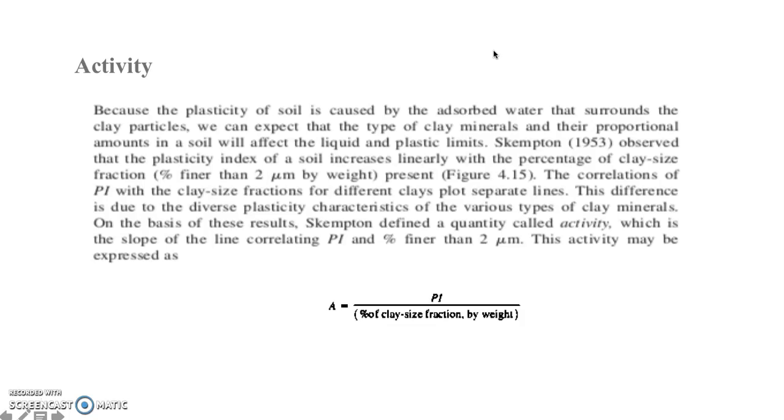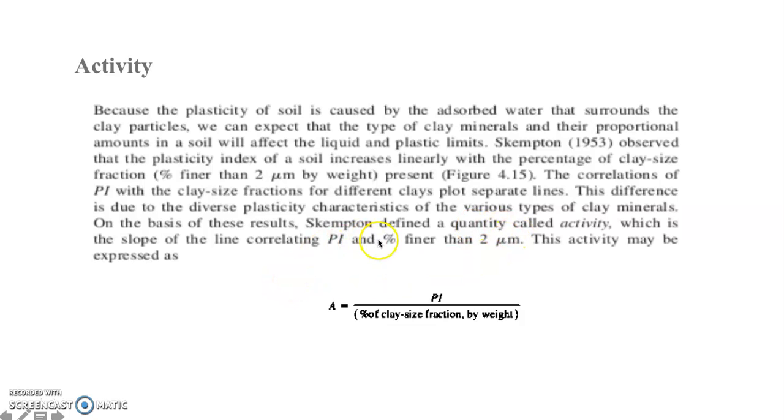So it was Skempton during 1953 observed that the plasticity index of a soil increases linearly with the percentage of clay size fraction. So the correlations of PI with the clay size fraction for different clays plot separate lines. So the difference is due to the diverse plasticity characteristic of various types of clay minerals.